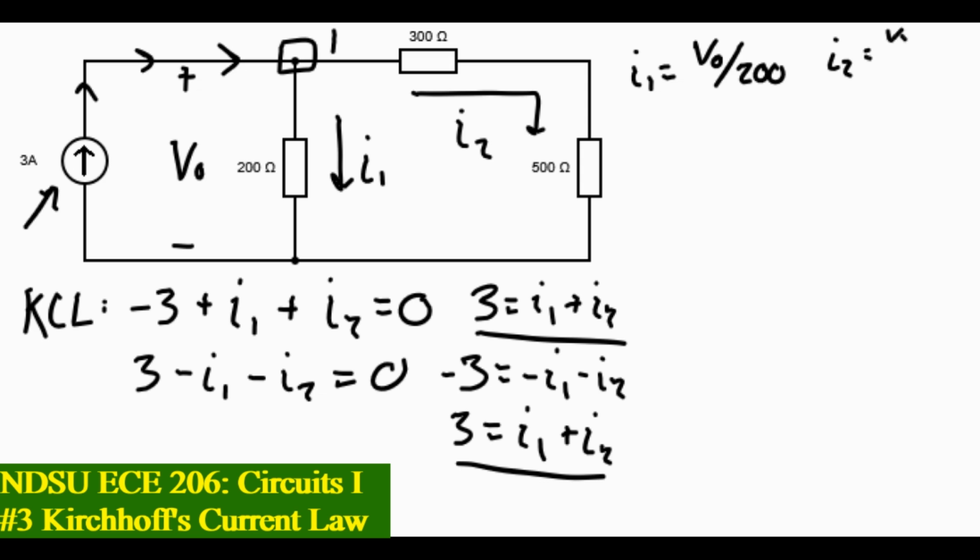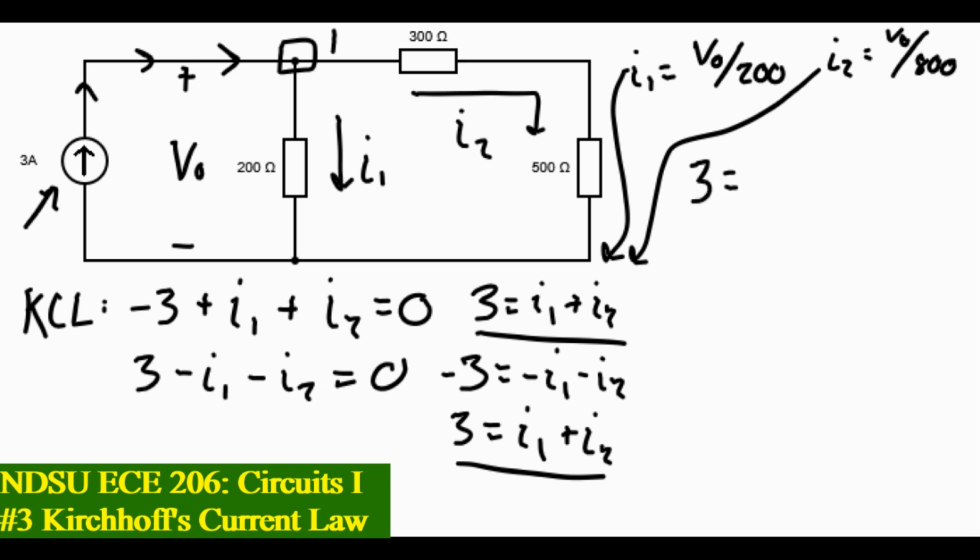The voltage VO across 300 in series with 500, which is, just add them together, 800. All right, so let's write the expression. Let's plug these in here. What do we have? 3 equals VO over 200 plus VO over 800.